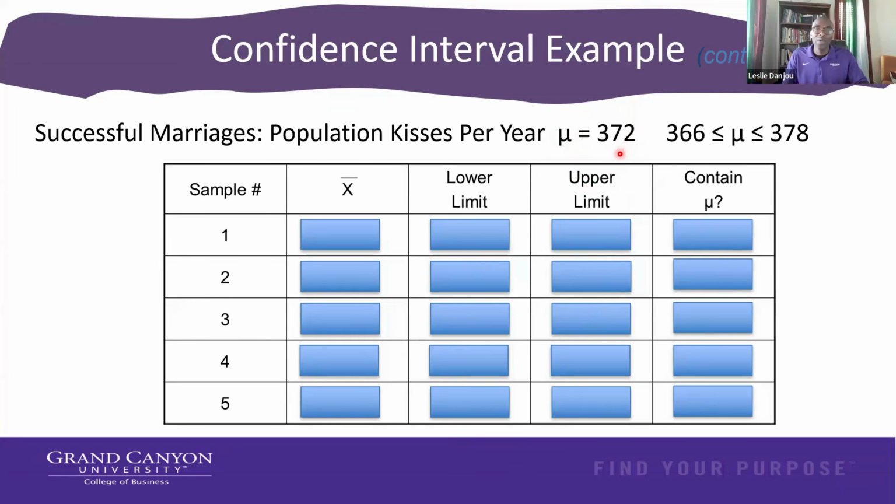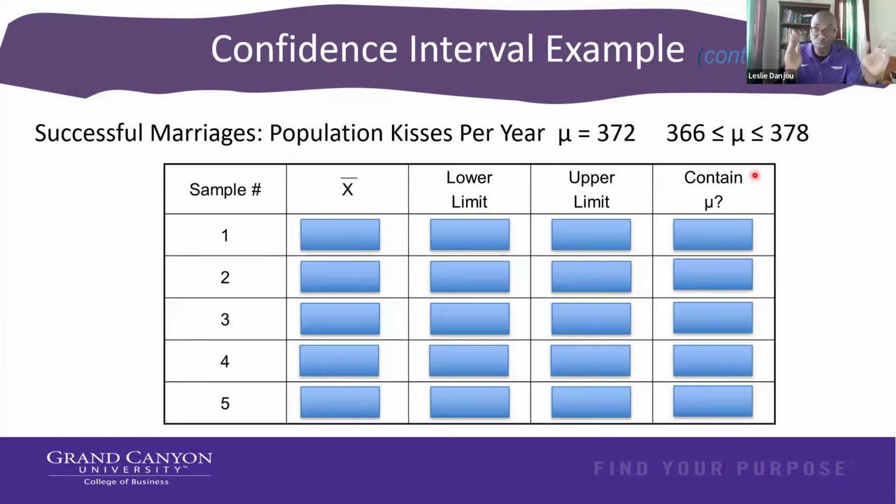Now, the lower limit is 366. The upper limit is 378. The average is in between. So in order to have a successful marriage, you must be within this border.